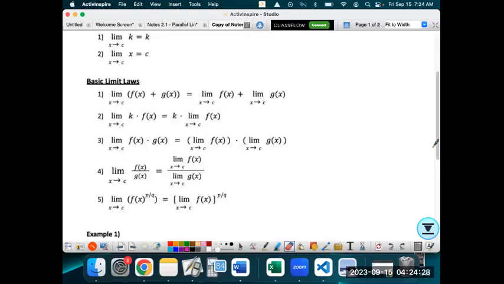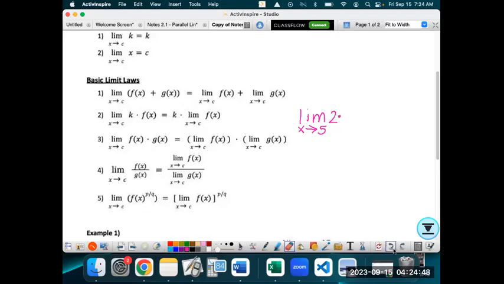If I'm taking the limit of a function being multiplied by a scalar, let's do an exponential function. That might be easier to think about. 2 times 7 to the X. I could bring that 2 in front and evaluate the limit of 7 to the X as X approaches 5.